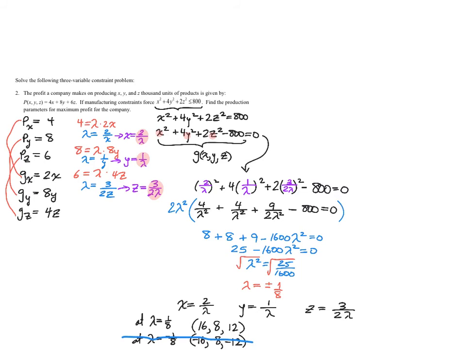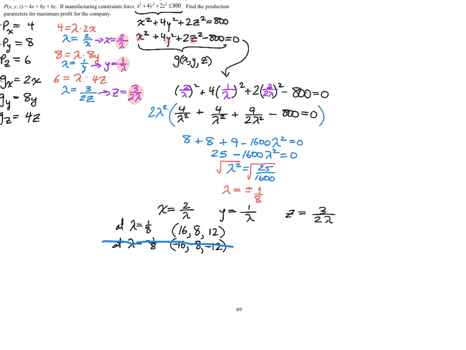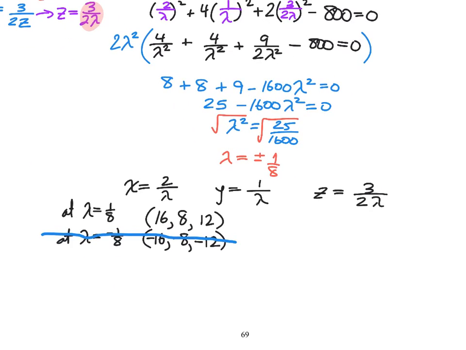Because it's in thousands of units, what I would want are 16,000 of x, 8,000 of y, and 12,000 of z.